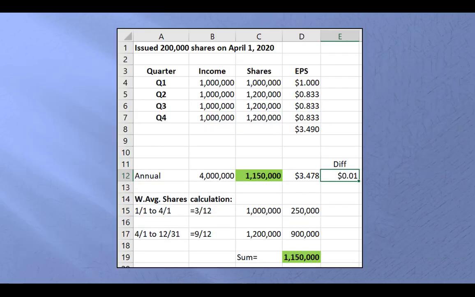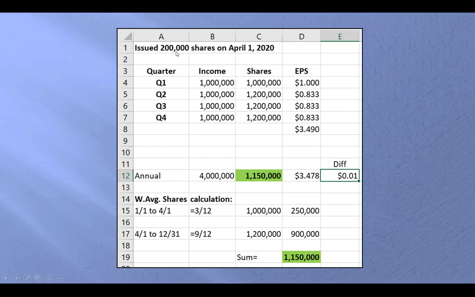Okay. Now, I just invented an example. Income, 1 million each quarter. We issued 200,000 shares on April 1st. So for the first quarter, shares outstanding 1 million.